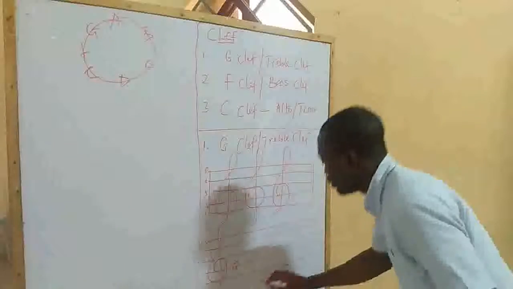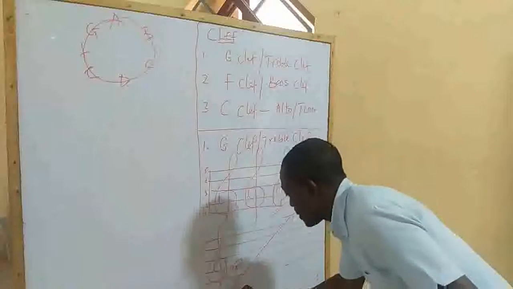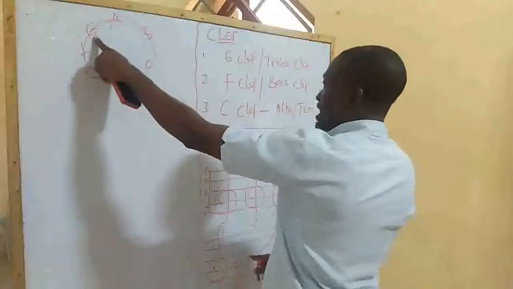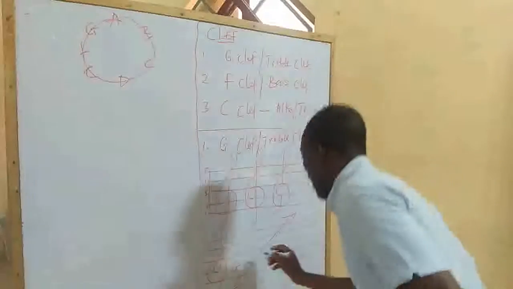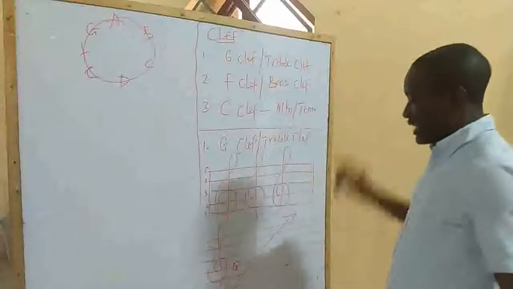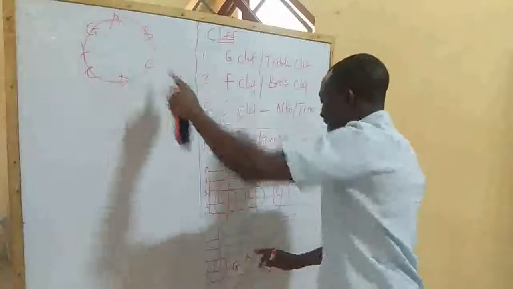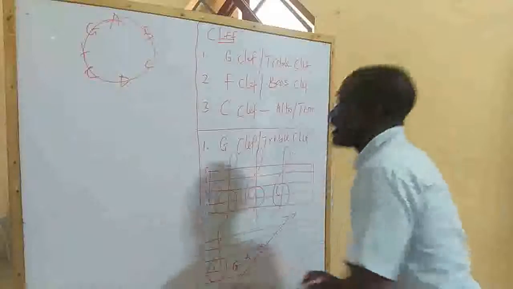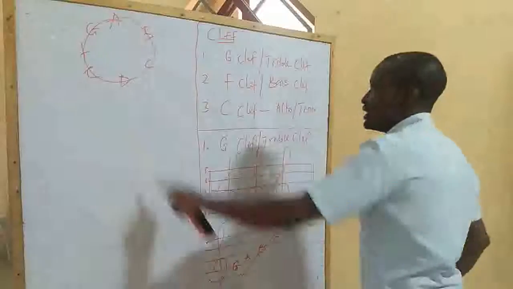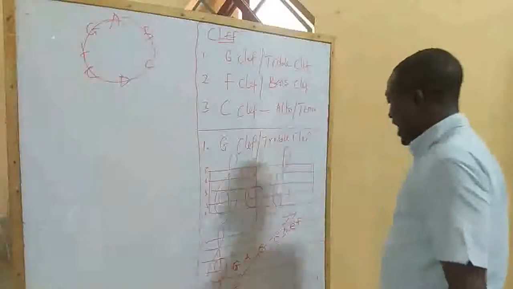If our line 2 is G, pay attention, we are going up. This is, we are going down. Now, I want to go up. After G, what do we have? After G, we have A. So this line 2 is G. The next space will be A. The next line will be B. The next space will be C. The next line will be D. Next space will be E. Next line will be F. That's the last line.